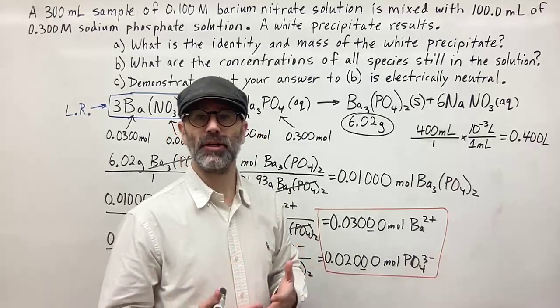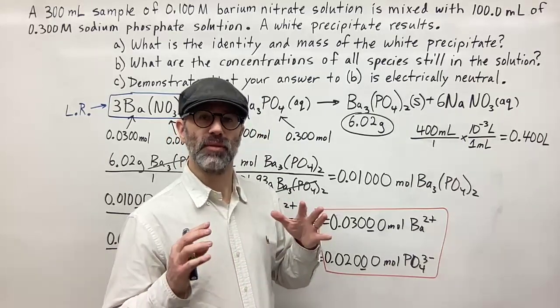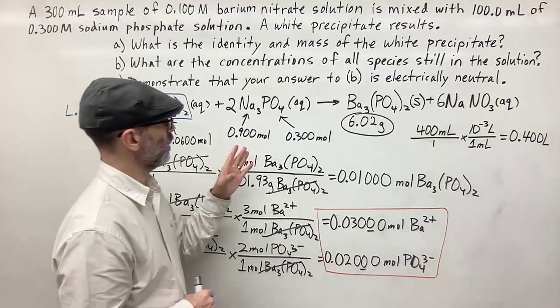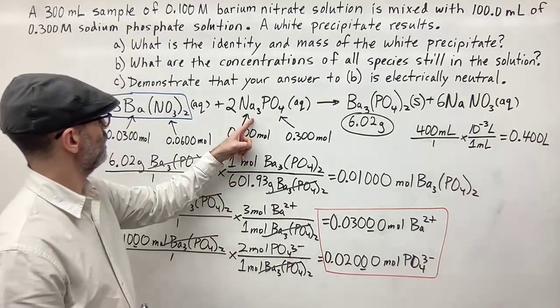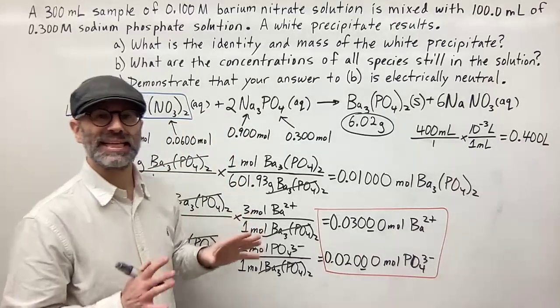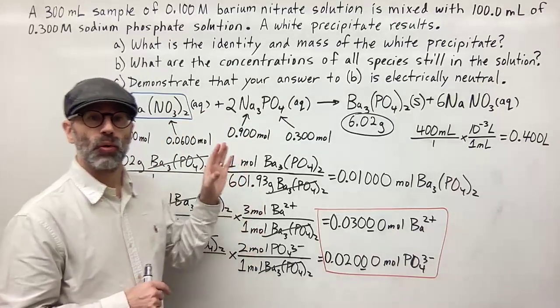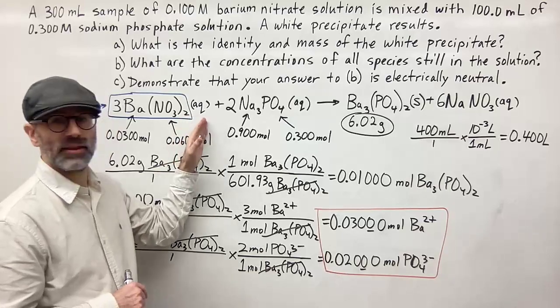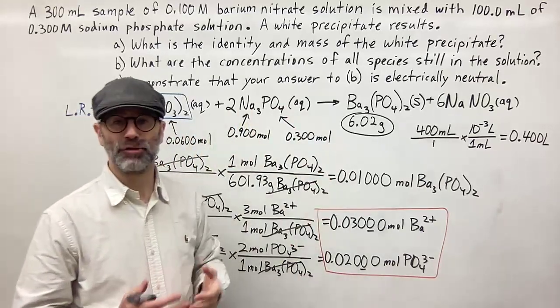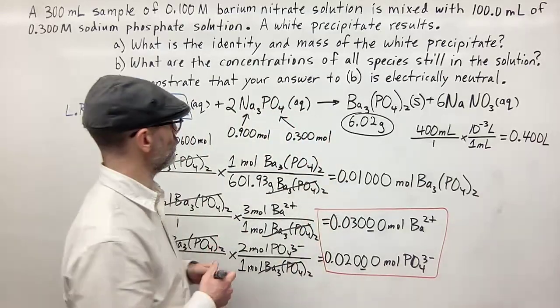So now we can calculate the concentrations. Let's start with sodium and nitrate. Those were not involved in the reaction. So whatever amount we started with before the reaction, that's the exact same amount we have after the reaction. So the moles don't change.